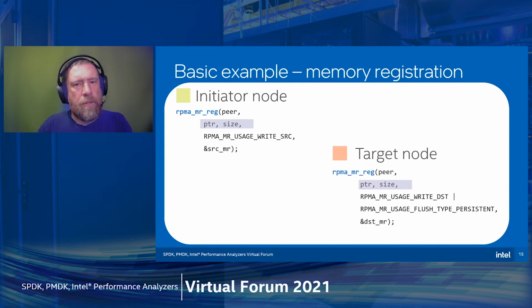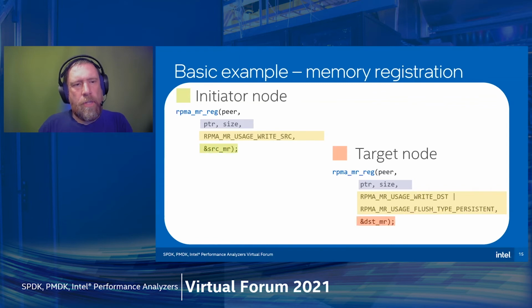Every memory registration also has a specific usage. In this case, the memory registration on the initiator node will be used as a data source, whereas the memory registration on the target node will be the data destination. Moreover, the second one also must be flushed after the write operation to guarantee written data persistency. We mark it flushable with a flush of a specific type according to the type of memory.